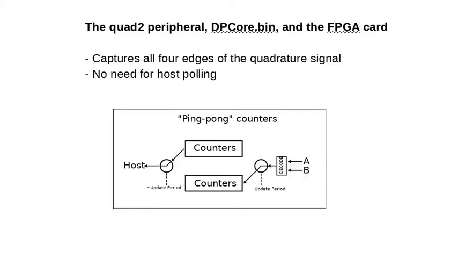While one is being incremented by the quadrature signal, the other one is being sent up to the host. The FPGA talks to the host computer over a USB serial link, which is full duplex. So we don't have to wait for the host to ask for the data. We can just build a packet of data, put it in the transmit buffer, and send it straight up to the host.